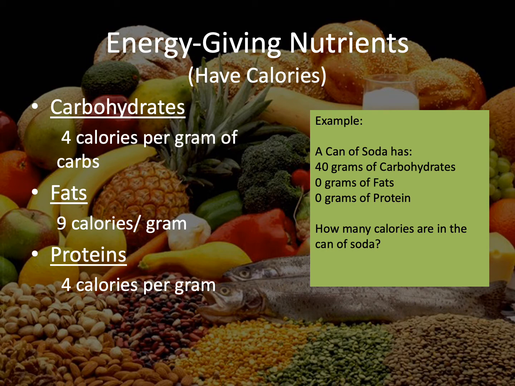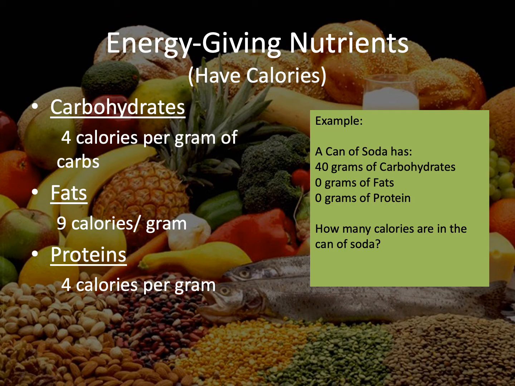Have you ever wondered how companies come up with the number of calories that's on a package? They do this by calculating the energy-giving nutrients. Let's look at a can of soda. A can of soda has 40 grams of carbohydrates, mostly in the form of sugar or high fructose corn syrup.